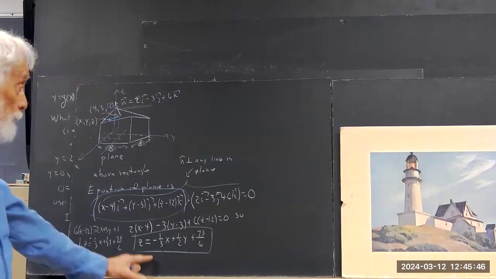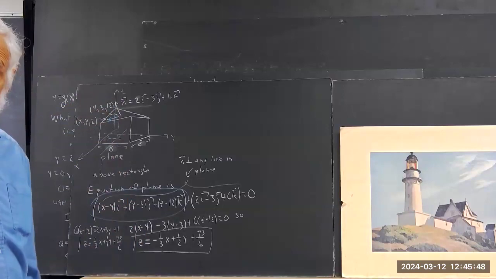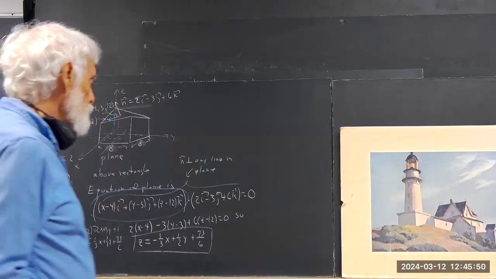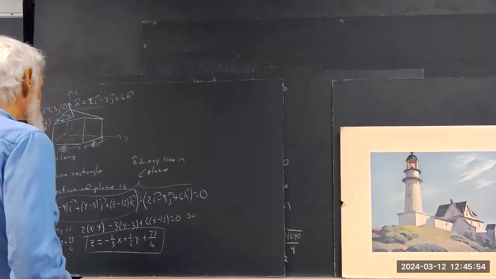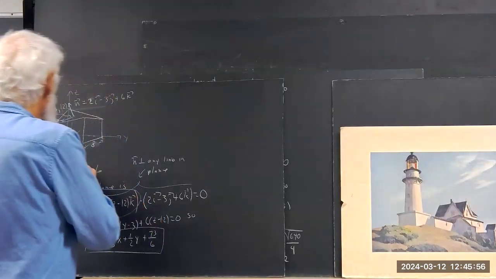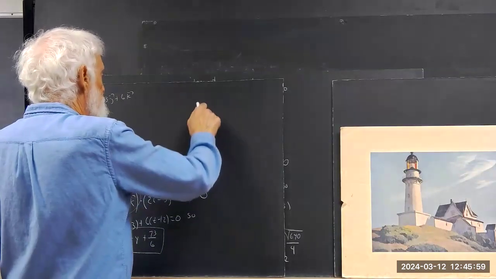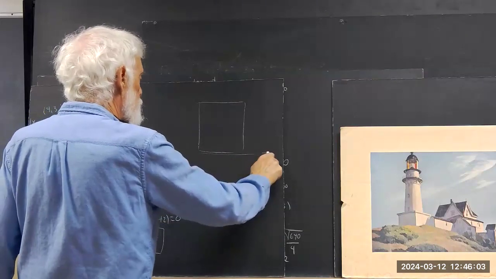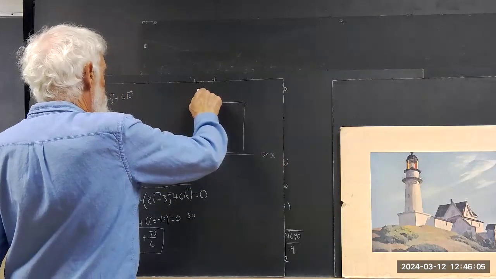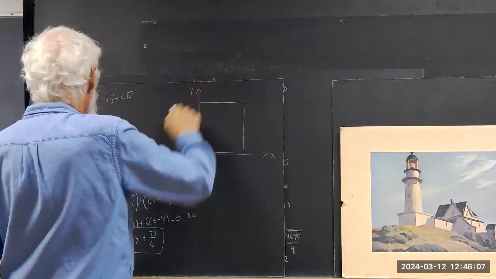Now, I want to find the volume of this thing. So what am I going to do to find the volume? Well, I'm going to draw this 8 by 8 rectangle. Put the x direction this way and the y direction this way.